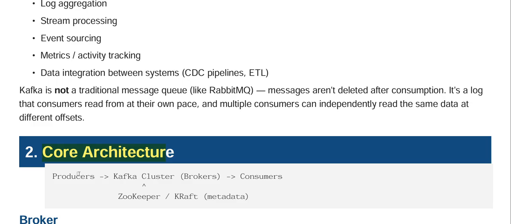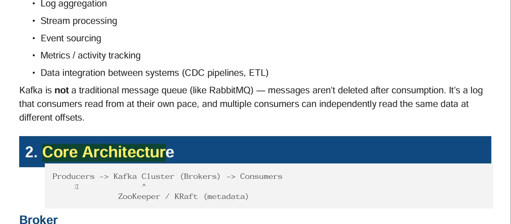Basically, it creates different brokers like 1, 2, 3, 4 so that the message does not fail to reach the consumer, so we use the Kafka cluster, and that is called the broker. The producer is something that triggers the event, and the Kafka broker cluster has multiple brokers, like 1, 2, 3, 4, doing the same work but in different pipelines.